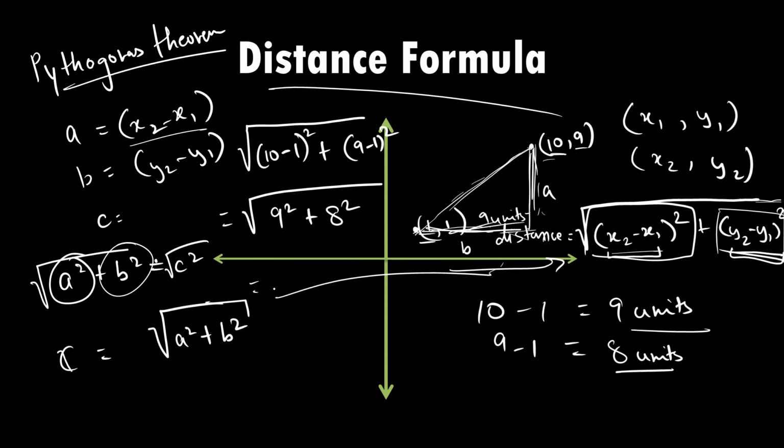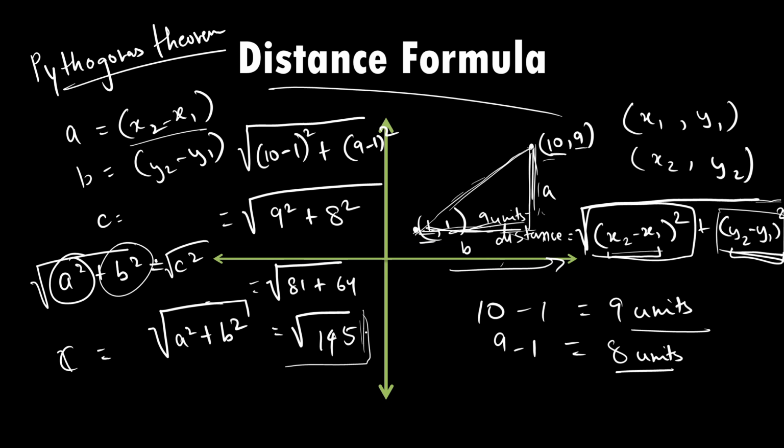Further simplifying, we get 81 plus 64, which is 145.